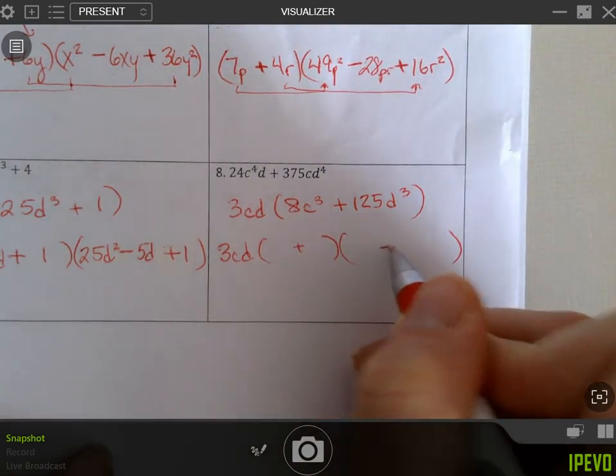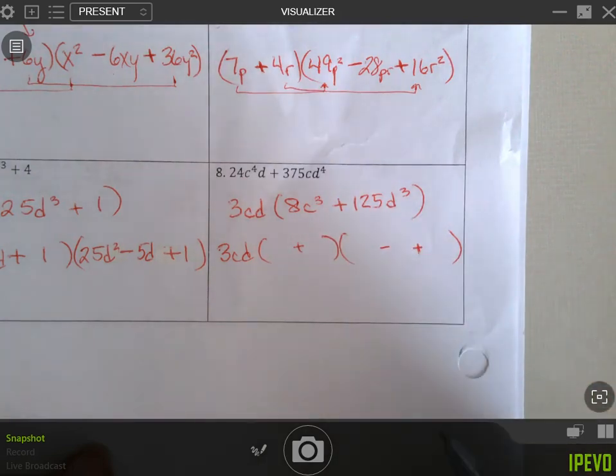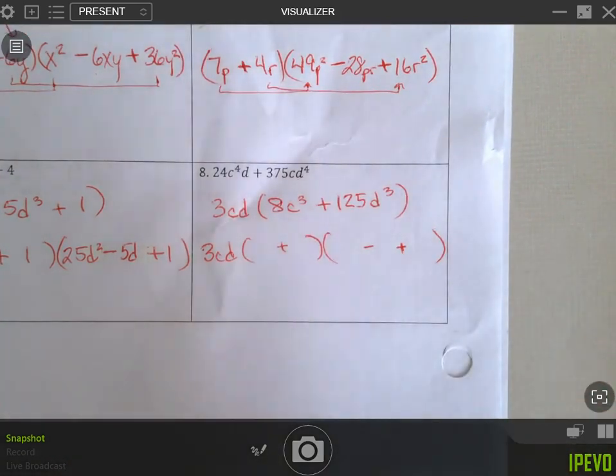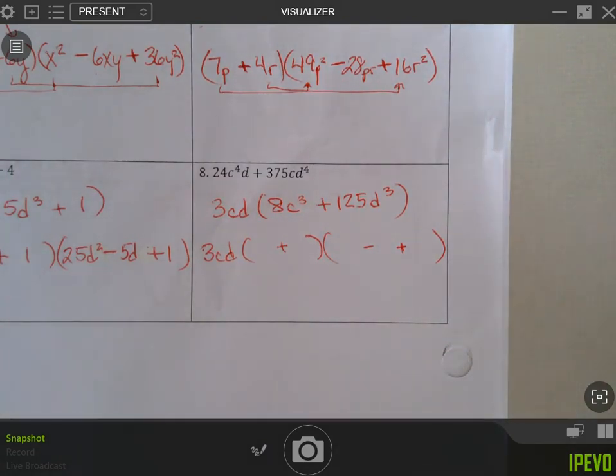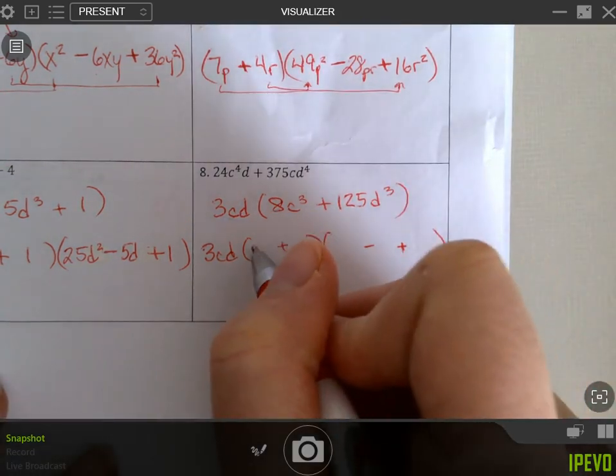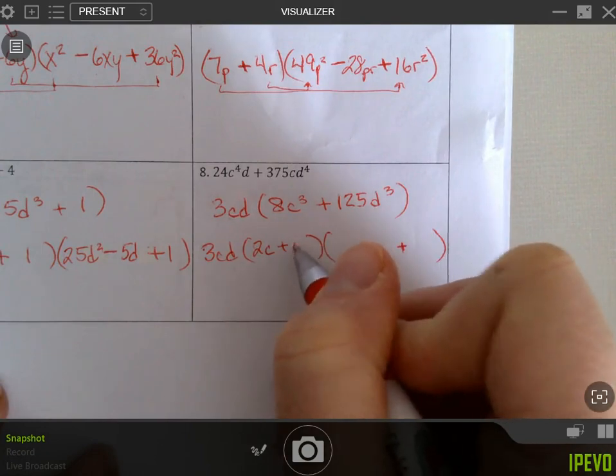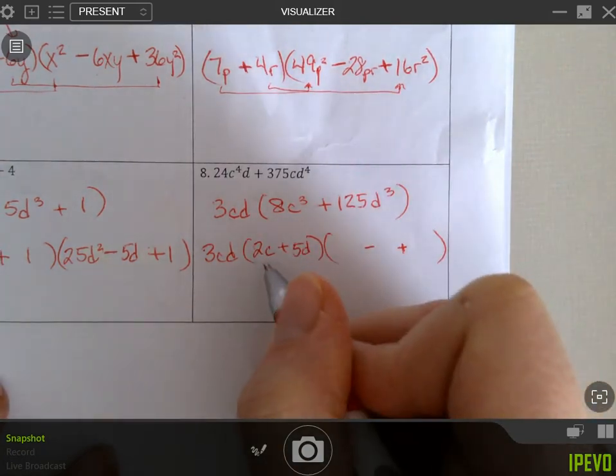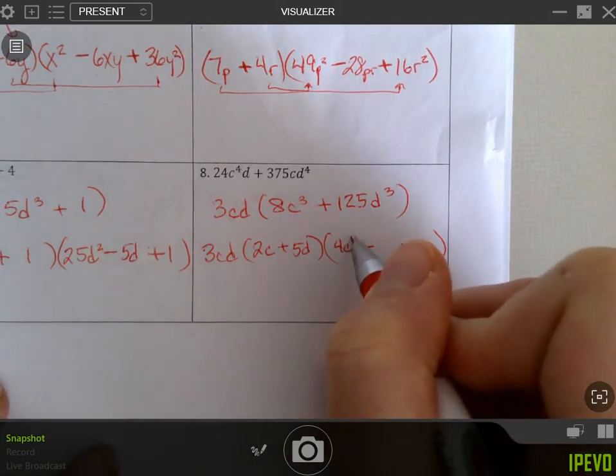Same, opposite, always positive. So this is why I told you guys at the beginning, you either know how to do this or you don't. You need to do this enough that you have it memorized, that you don't blank on a test, because these should be free points. You don't have to do a lot of hard math. Cube root 2C, cube root 5D. Bring this back by squaring it, 4C squared.